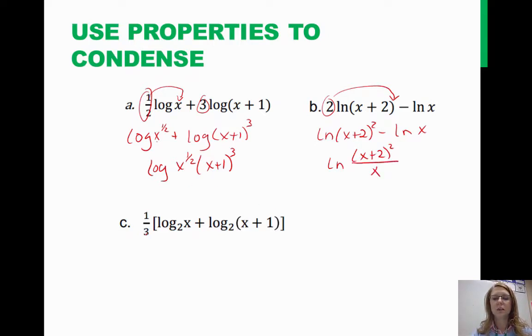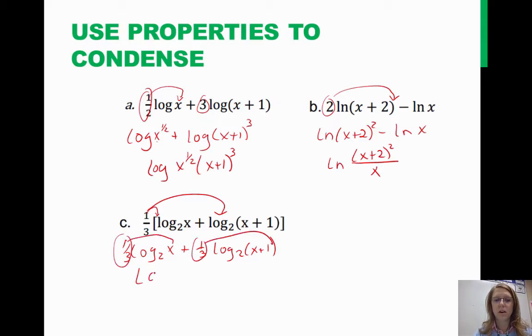And this one's a little bit trickier. We're going to work from the outside of this. And notice that there's a 1/3 on the outside of these brackets. So I'm going to distribute that 1/3 to both of these. So it'll be 1/3 log base 2 of x plus 1/3 log base 2 of x plus 1. Now I know that I can make that a power on both of these.